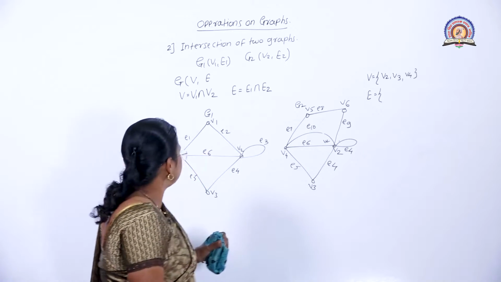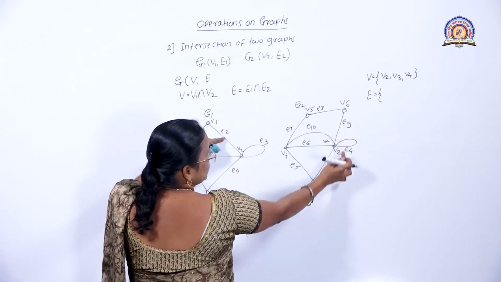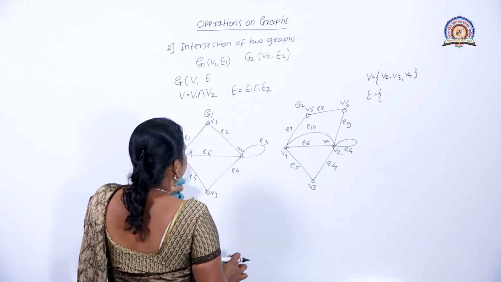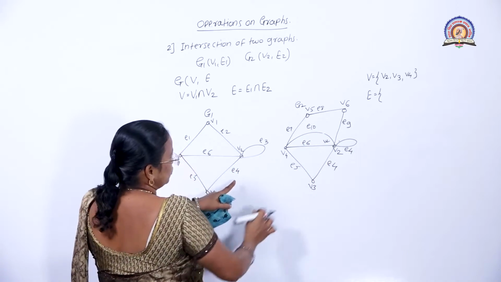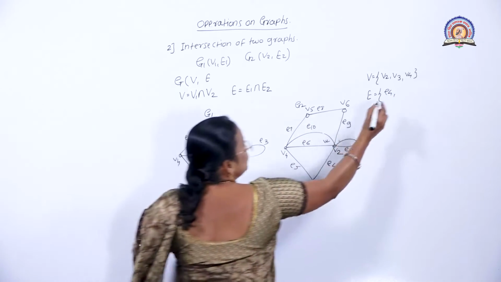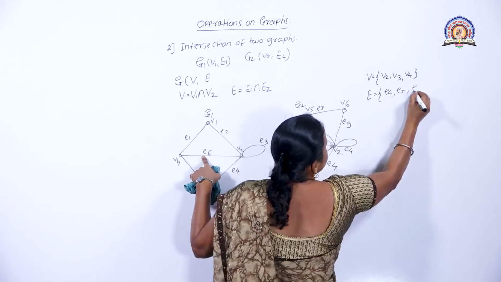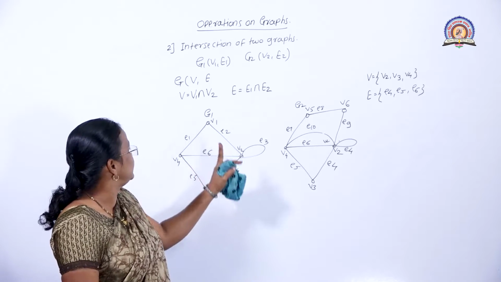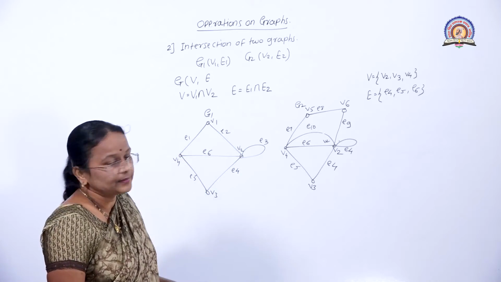E1 is not here, E2 is not there in the second graph, E3 is again not there, E4 is there. So we write E4, E5, and E6, which are common. E7, E8, E9, E10 are not present here.